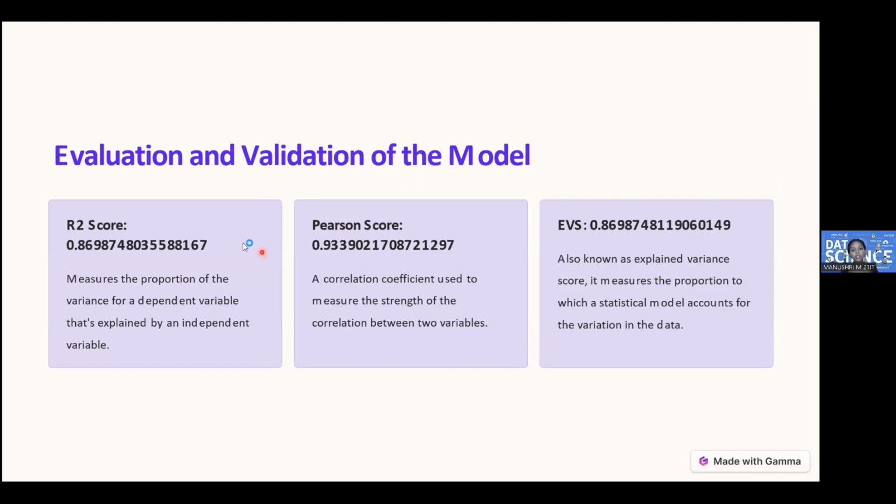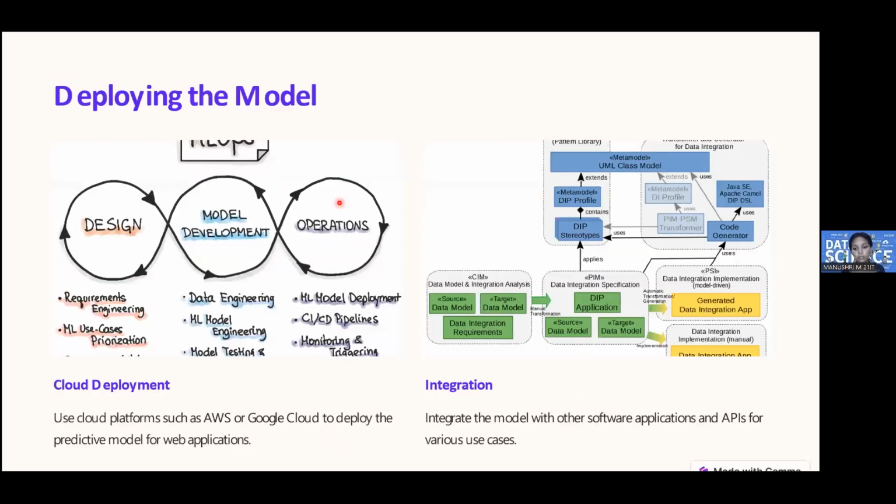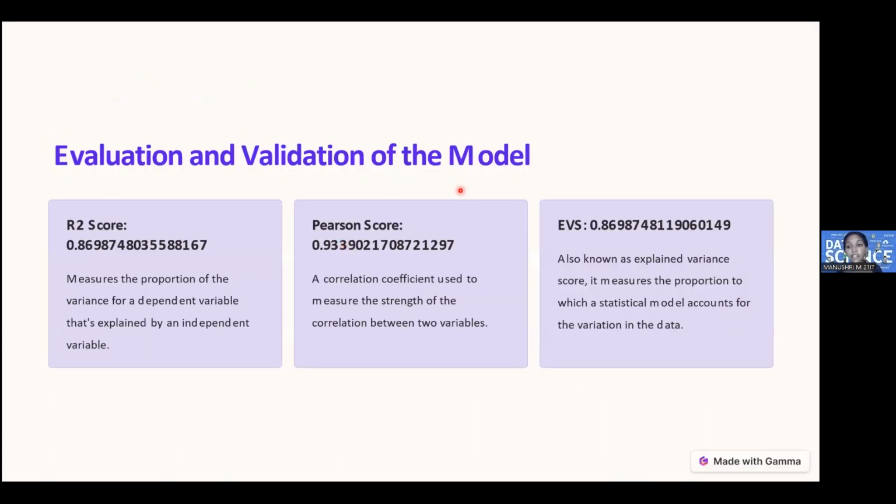So, evaluation and validation of the model. As I said earlier, I have evaluated this model based on three factors: the R square value, the Pearson score value, and the EVS value.